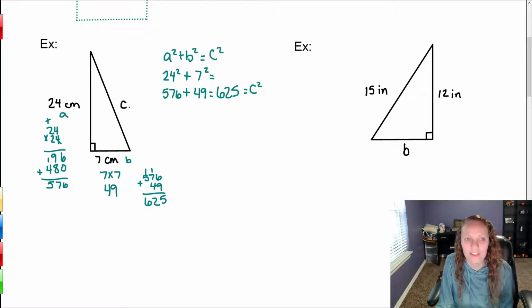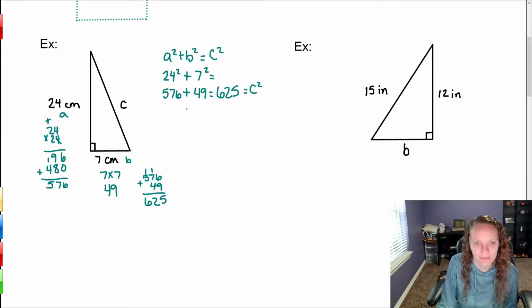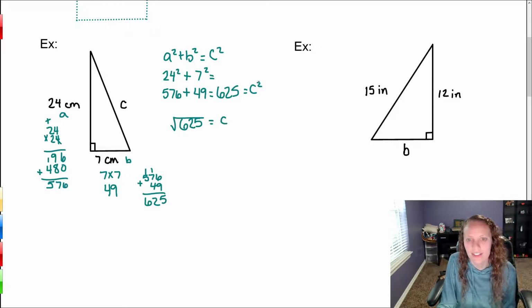Our goal is to figure out what is just C. So to figure out just C, we need to take the square root of 625, and that will tell us our side length C. That will cancel away the squared.